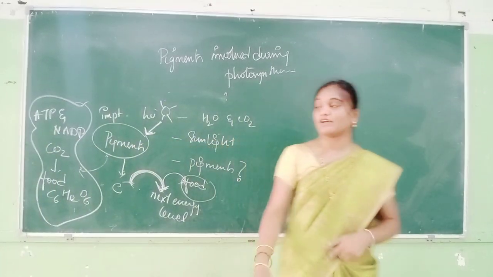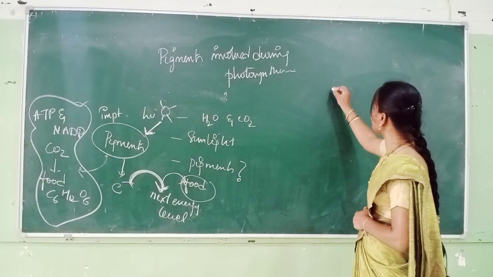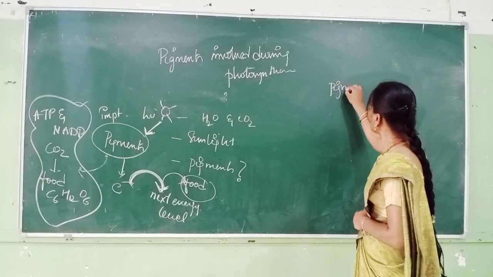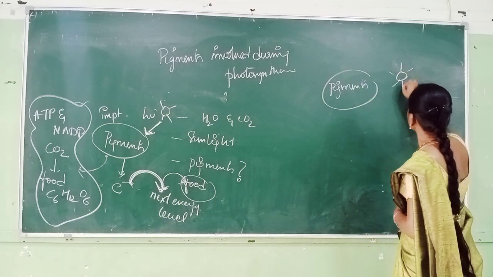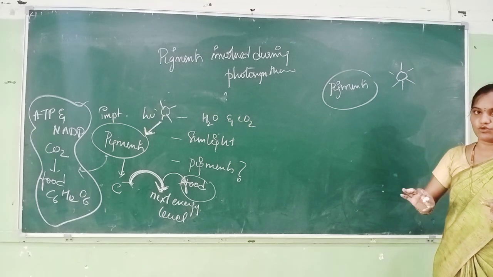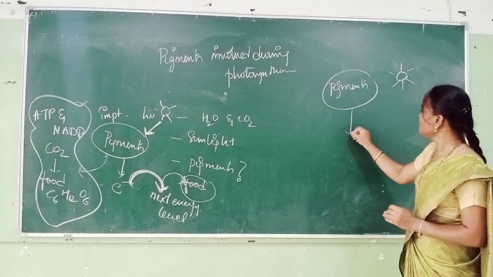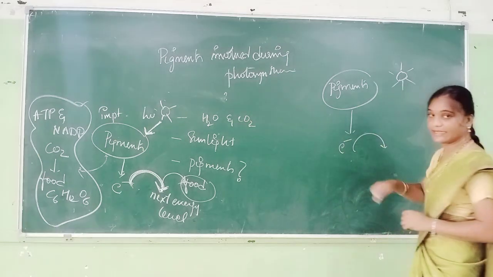See, listen, once again I am repeating, what is the importance of pigments? Pigments generally absorb some amount of light from the sun. After absorption of some amount of light, they will reflect all the others that they don't need. During this absorption, electrons will jump from ground state to the next energy level.